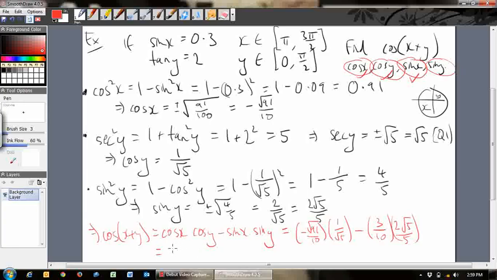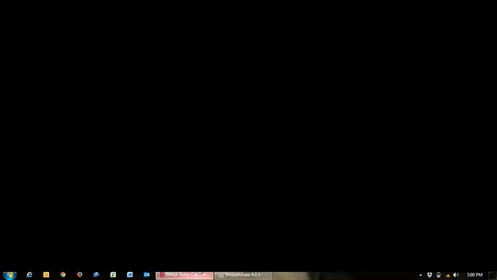I'll let you do the surds. It's negative root 91 over 10 root 5, I'll just leave it like that for now. I'll just pick general numbers: minus 6 root 5 over 50, and that'll cancel down to something. Then you just simplify, but that's your answer there. I better hurry because that's the end of the video, and YouTube only lets me do 15 minutes. See ya.